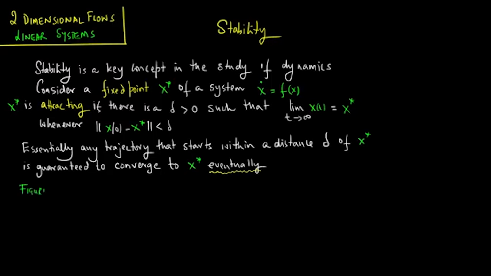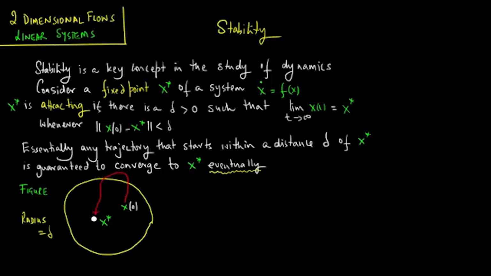Now let's plot a simple figure. We denote x star. You have x of 0. You have a radius of size delta, and that's what the trajectory looks like.